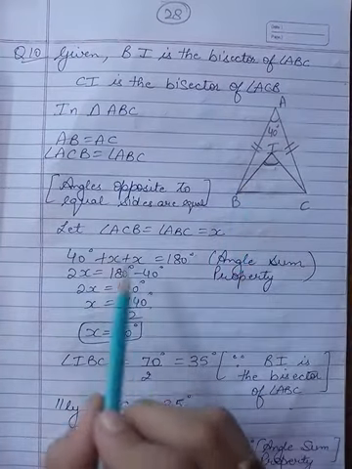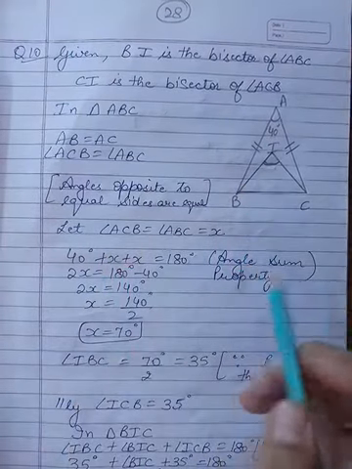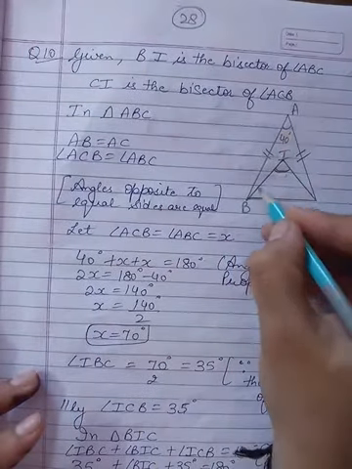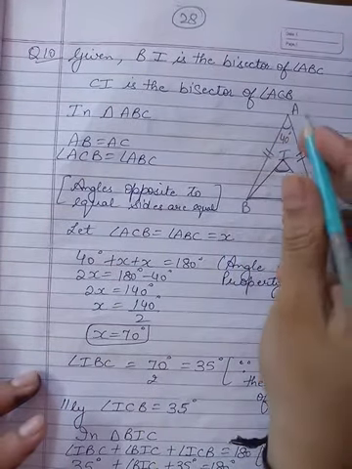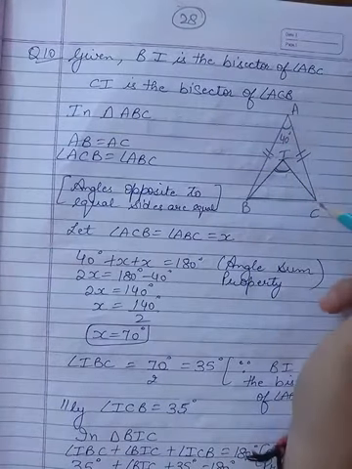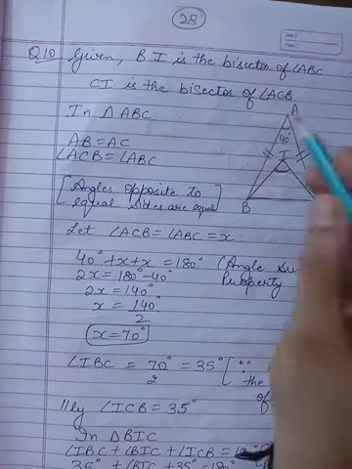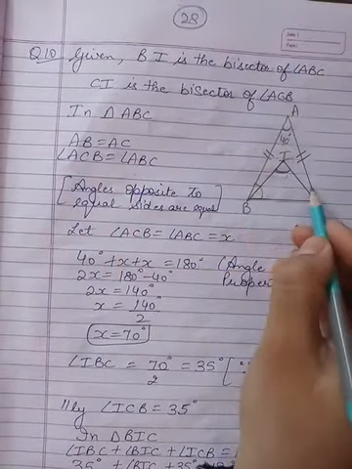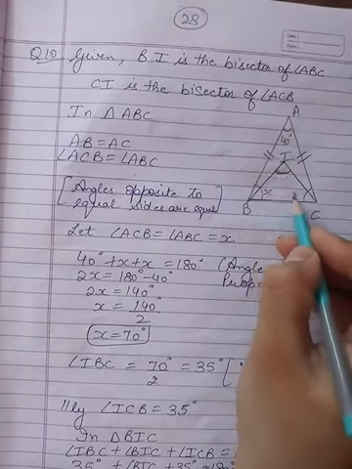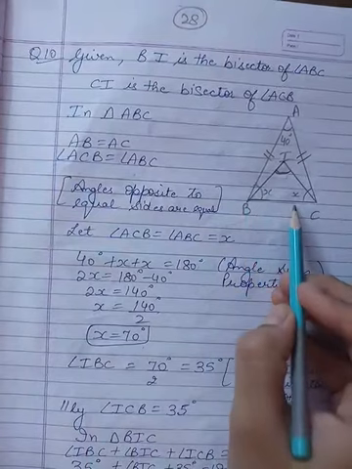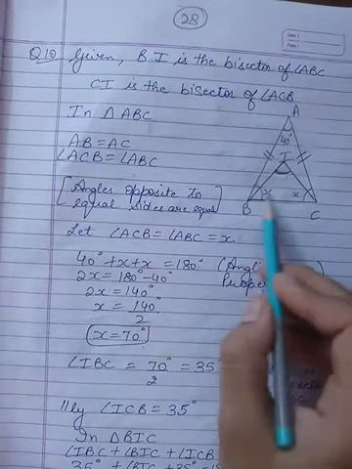So in this question, we will start the sum. First of all, find these two angles with the help of this big triangle, triangle ABC. AB is given, AB is equals to AC. If sides are equal, their opposite angles are equal. It means this angle and this complete angle, suppose it as x to find the value of x. Both angles, so this complete angle will become here 70 degree. Both are 70, 70.